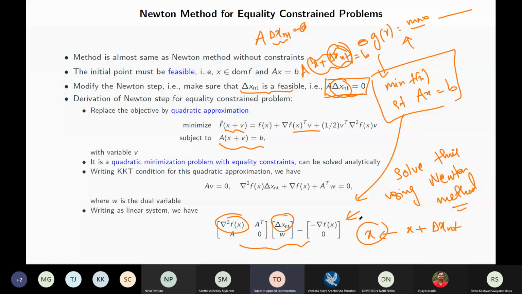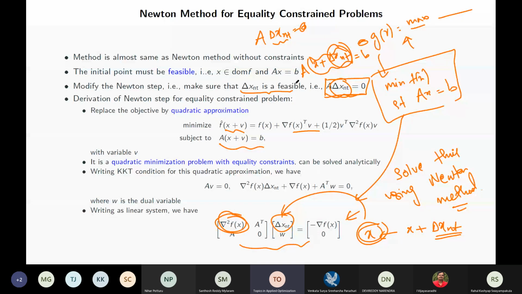And then once you get the new x, you solve another KKT system by computing the gradient of f at the new x, and the Hessian also at the new x, and then you solve it. Then you get another delta x nt, and then you update again, and then you keep doing this, right? So that's an iterative algorithm, right? So you have to keep repeating this.